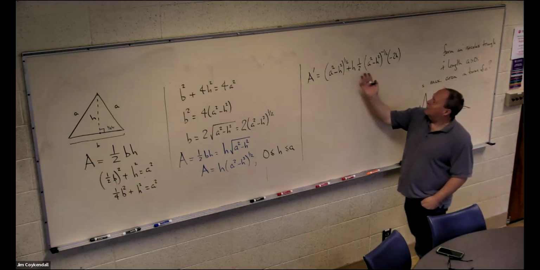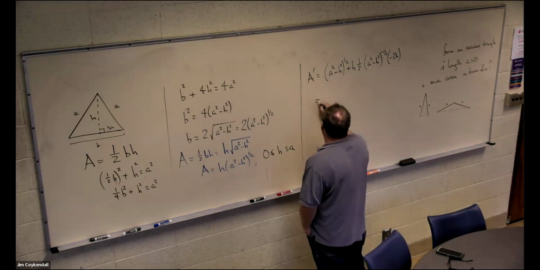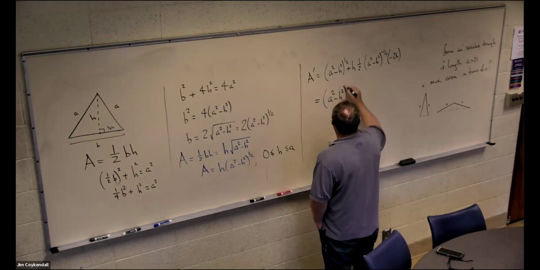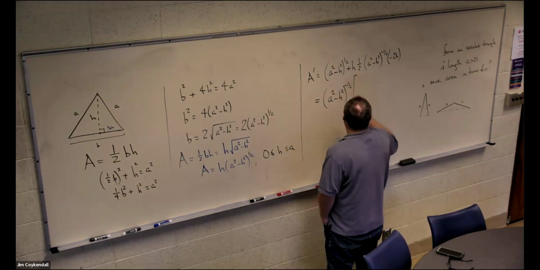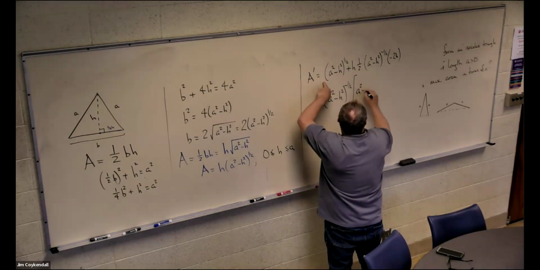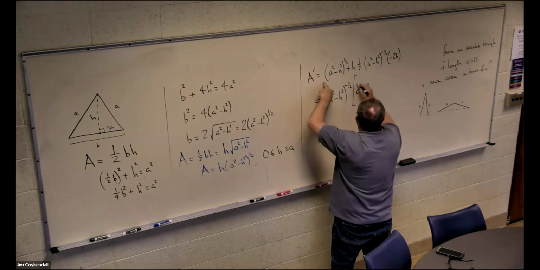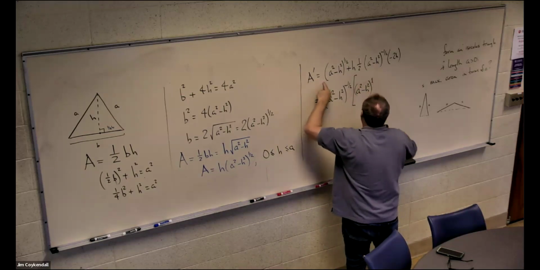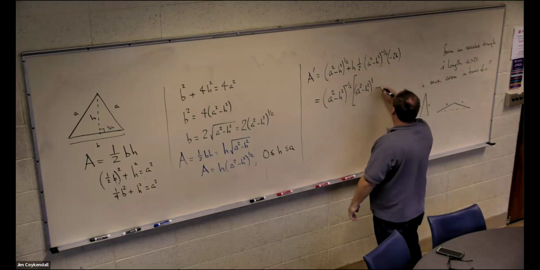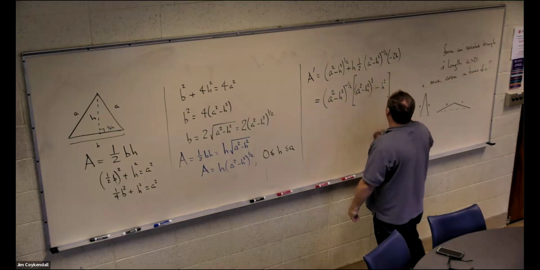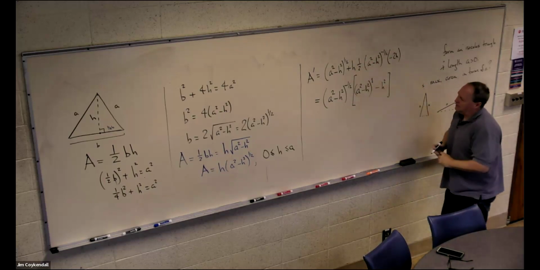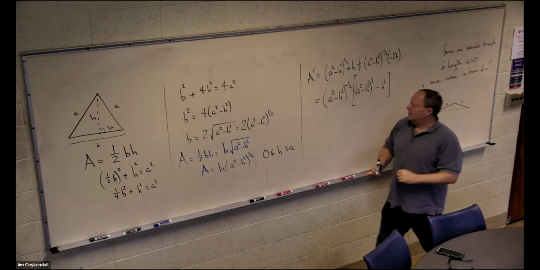Now let's pull out an (A squared minus H squared) to the negative 1/2. This is going to leave A squared minus H squared to the 1 power, and when I pull this out, this is going to be minus H squared. So I get this.